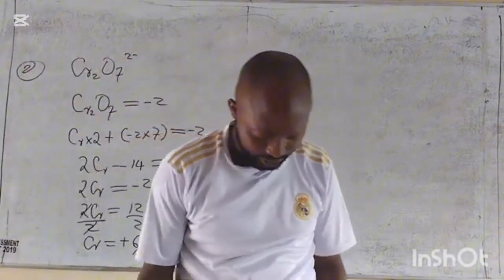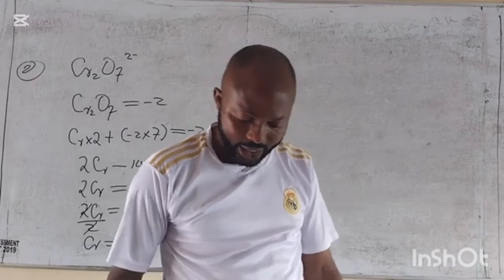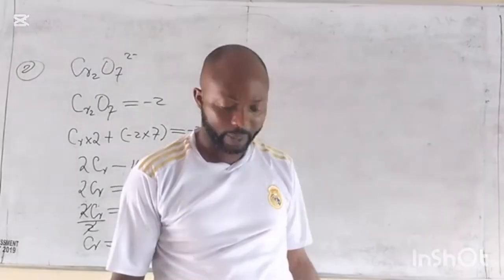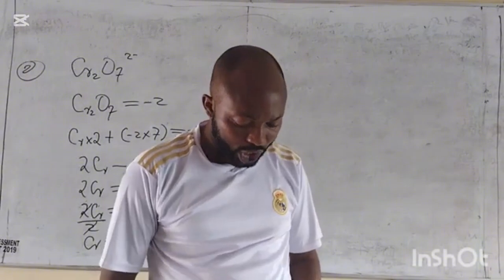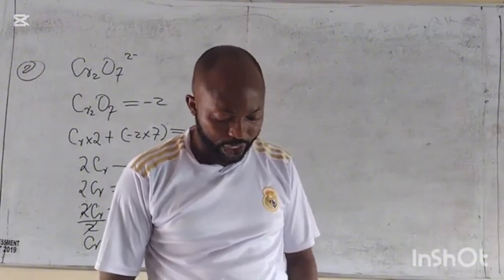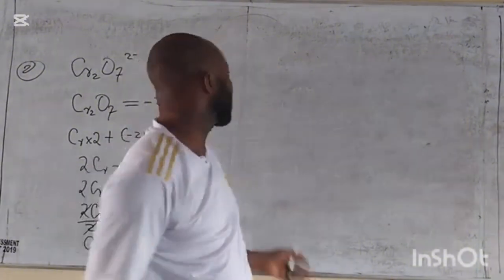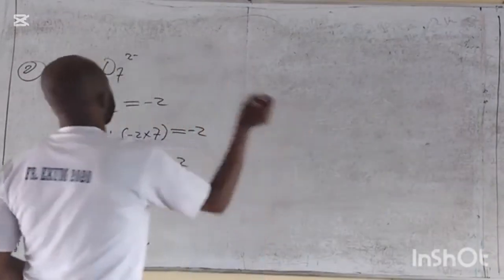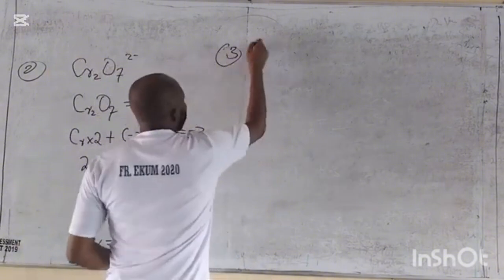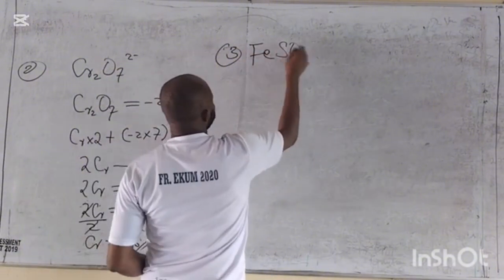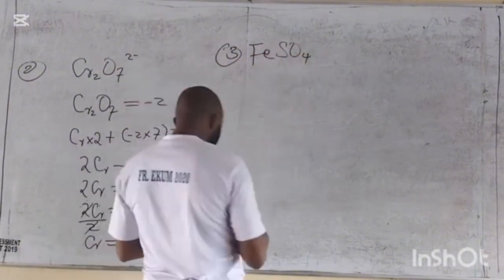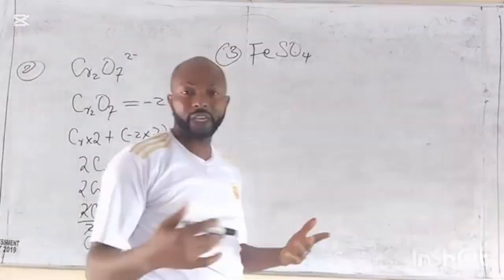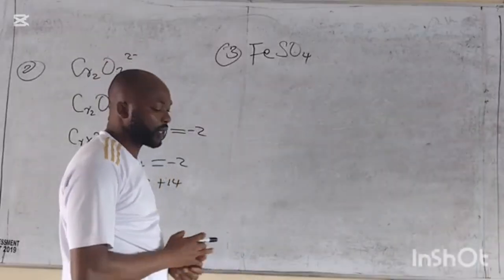Alright. Let's take 2 or 3 more, then we'll proceed. Calculate the oxidation number of sulfur in this compound. This is iron SO4. Remember, iron could be iron 2, it could be iron 3, but let's see what it is.